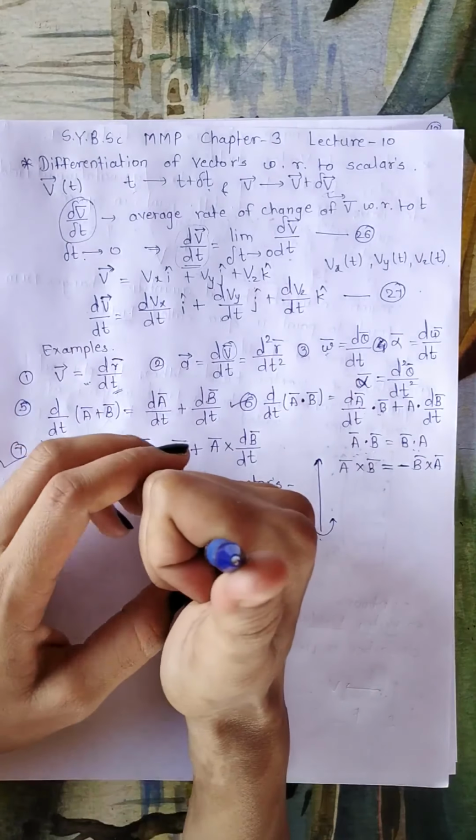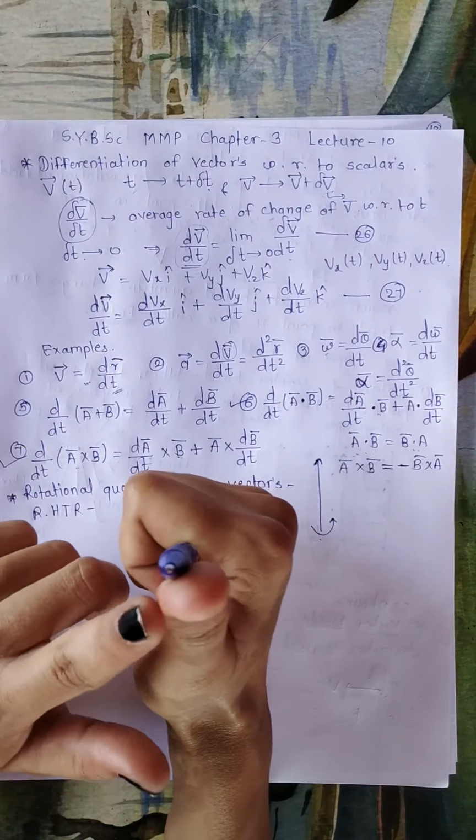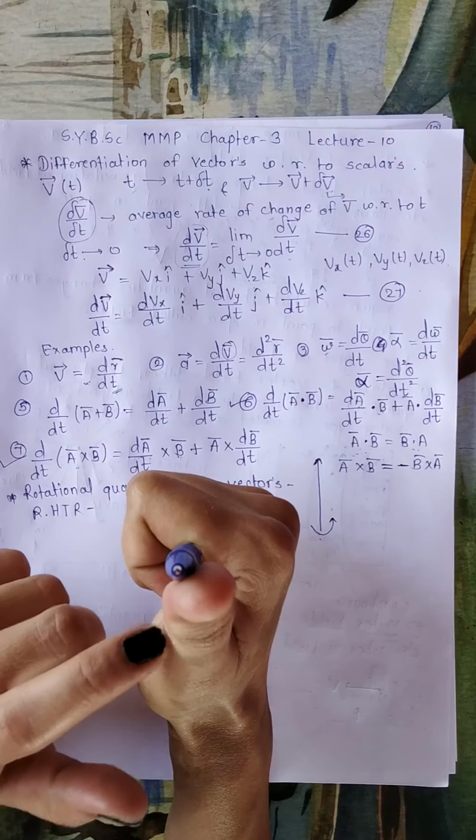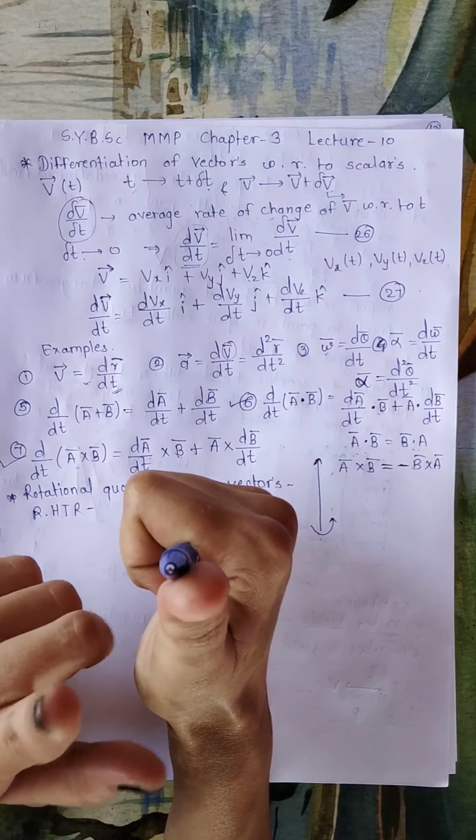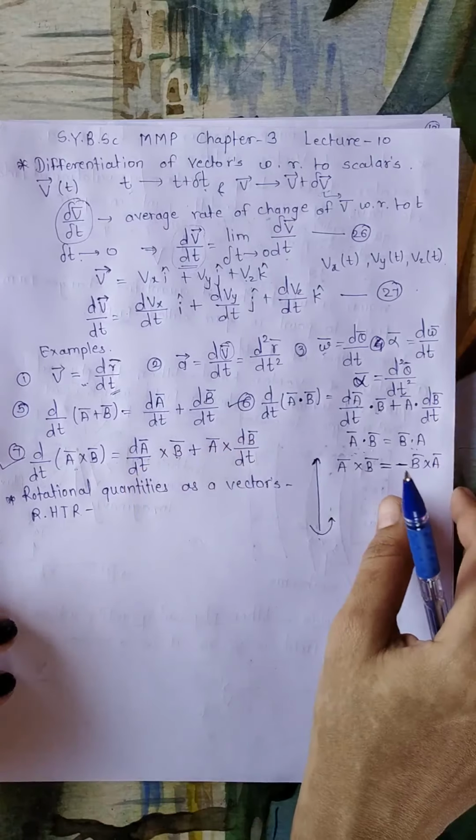And here the thumb will give the sense of direction of vector. So this is nothing but the right hand thumb rule. This we have already discussed.